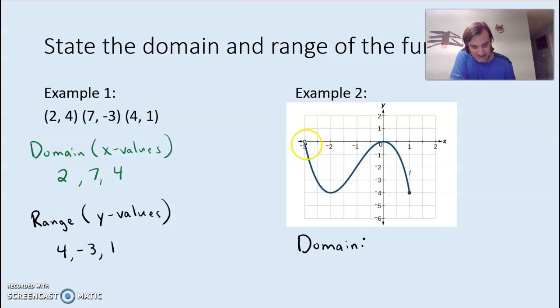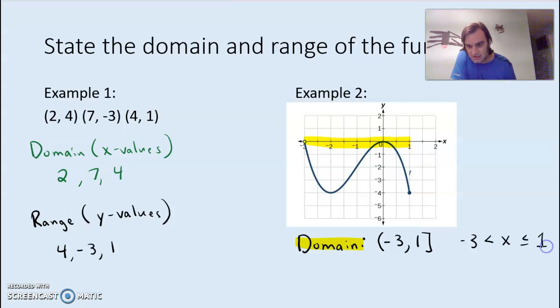For x's, the smallest x we have comes up to -3, but not included. It runs along here over to 1, and that 1 is included. Another way to write that is as an inequality: -3 is less than x, less than or equal to 1.